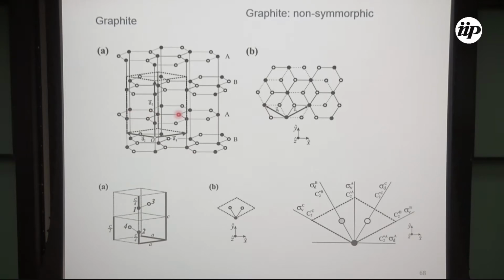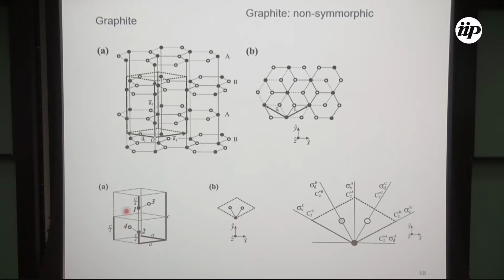They are mismatched. They don't match. The A plane here is displaced from the B plane. One of the atoms of the A plane goes to the center of the hexagon of the B plane.